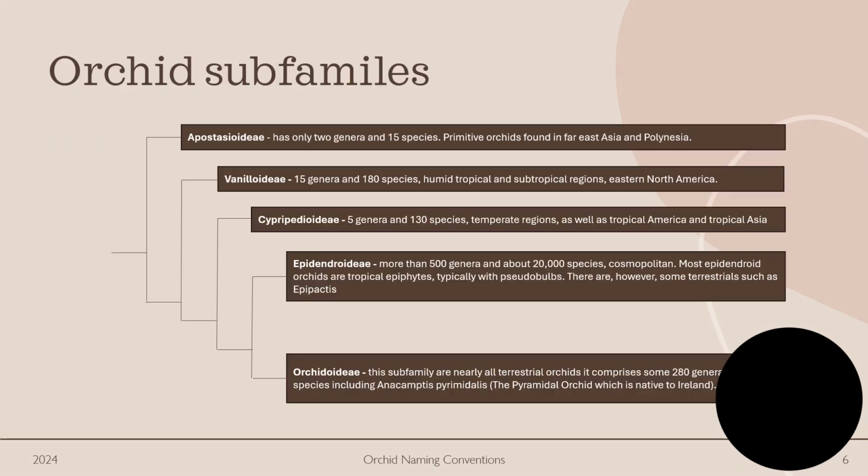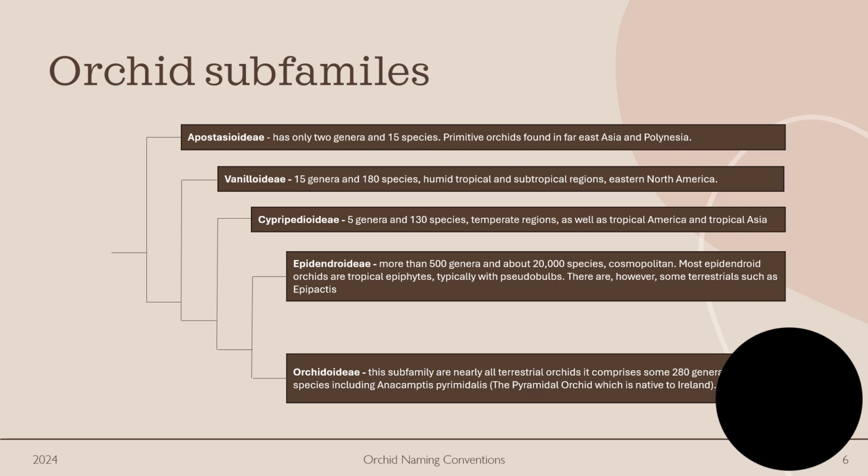The names of the 5 subfamilies, some of them will be very familiar sounding. The first one there, Apostasioideae, which you'll have to forgive my pronunciation because you can see they're quite complicated words to speak. That's quite a primitive orchid, and I've never come across it, and it's unlikely you will ever come across it.